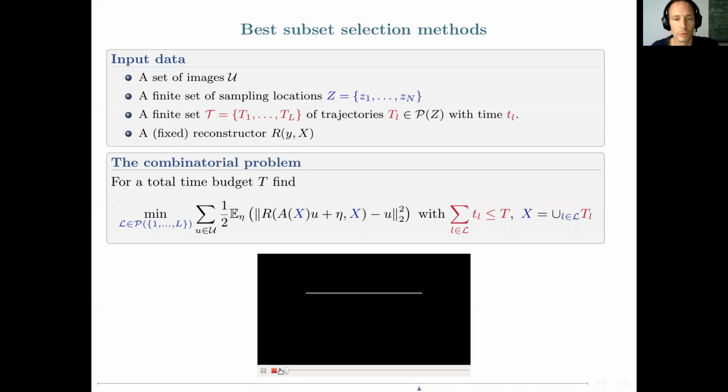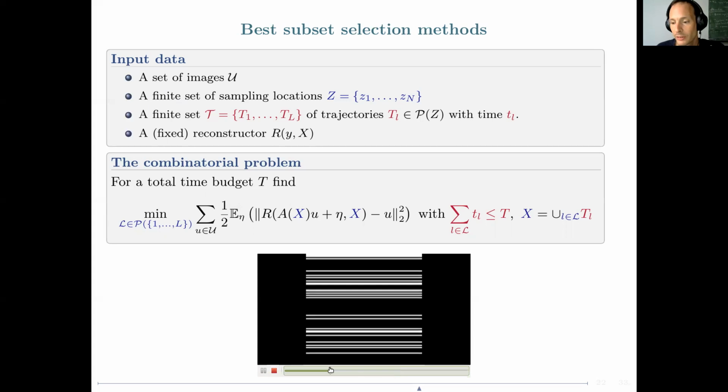So this will give you one line that you can keep in memory. And then you redo the same process again and again. And after a while, you will generate some sampling pattern, which is hopefully good. And you generate it in a greedy manner. This would be one way to find an approximate solution to this problem.